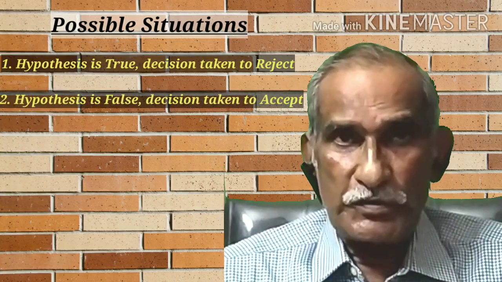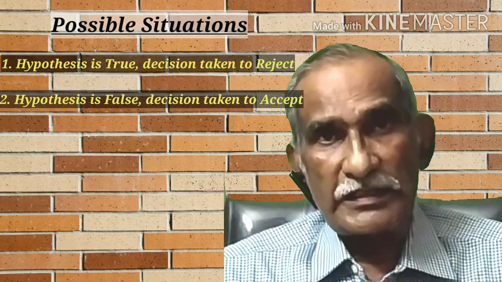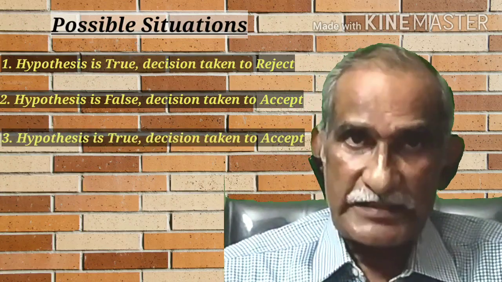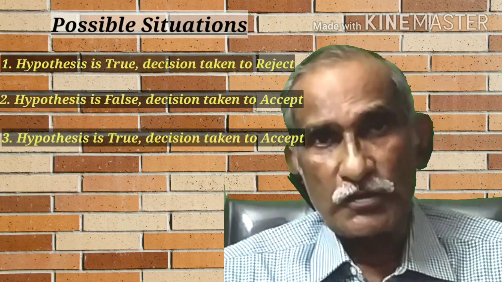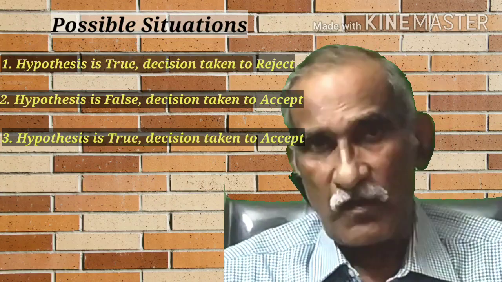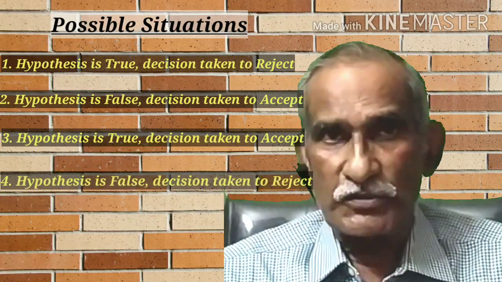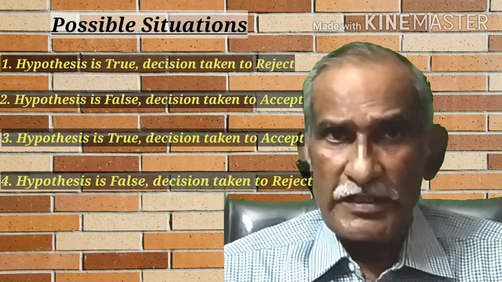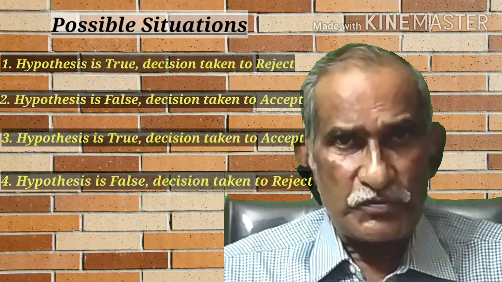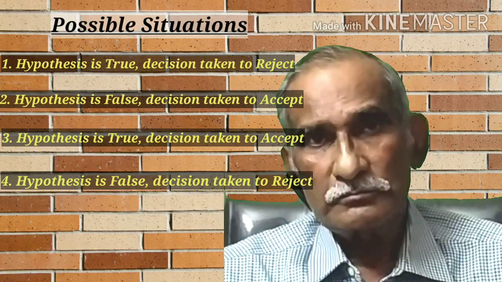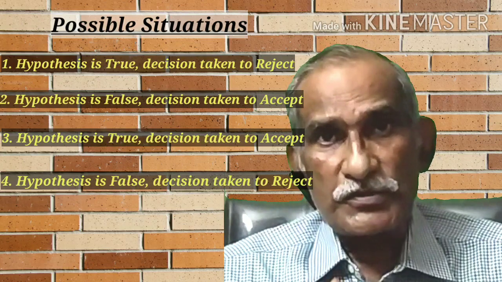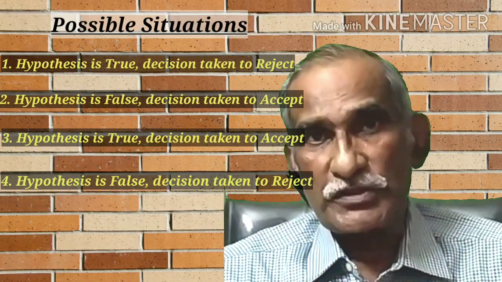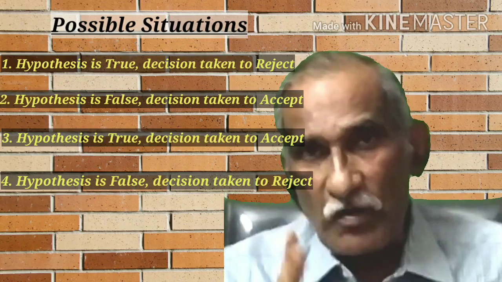The third possibility would be that the hypothesis is true and you have taken a decision to accept it. And the fourth possibility would be that the hypothesis is false and you have taken a decision to reject it. So there would be altogether these 4 possible situations. Out of these 4 situations, in 2 situations, we are committing error.